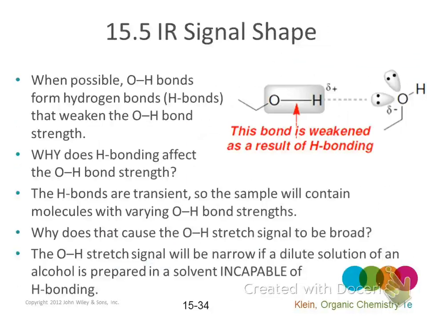Okay, so I'm going to draw a picture. Stretch my arm. Here's an OH. Okay. And OH can hydrogen bond. Pair of electrons. Now, how many bonds can a hydrogen have?